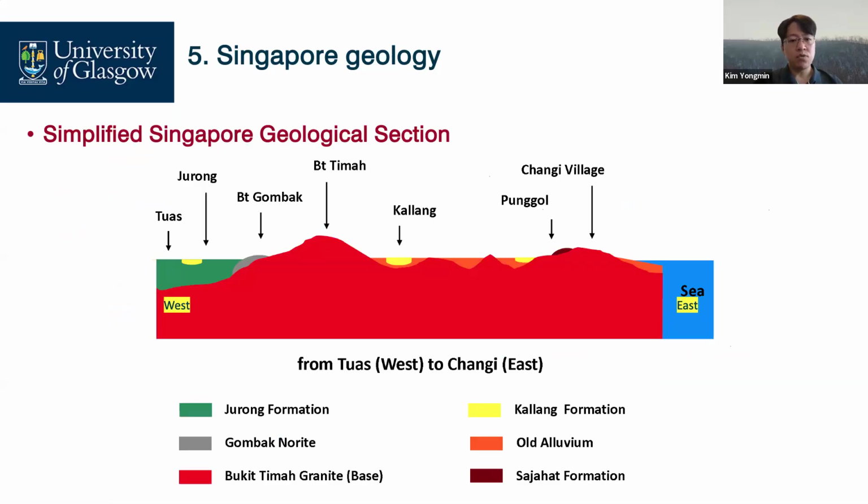And you can see the central part of Singapore is mostly comprised of Bukit Timah Granite, and Old Alluvium in the east, and Kallang Formation near the south and the east areas.